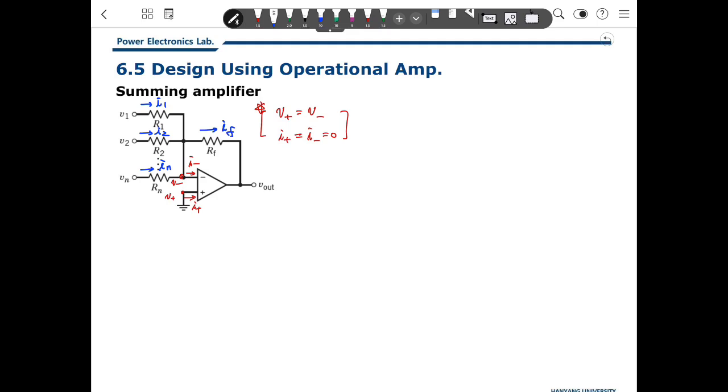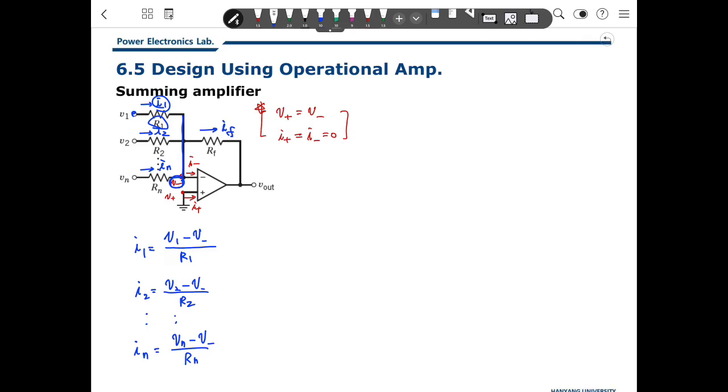Here you can define, because that node voltage is V minus, I1 flowing through R1 is V1 minus V minus over R1. For the same reason, I2 will be V2 minus V negative over R2, and IN will be Vn minus V negative over Rn.